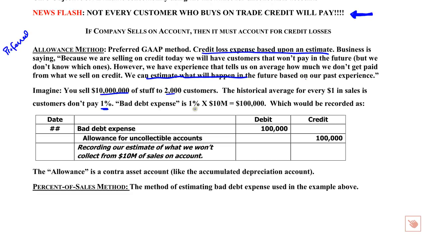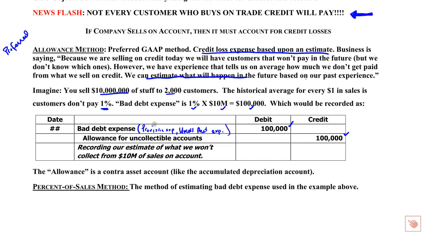So to calculate bad debt expense, they take 1% times the 10 million, and that's 100,000. If they did the 10 million this year, they'd recognize bad debt expense, also called provision expense, or the uncollectible account expense, which is what the book uses. All the same thing.